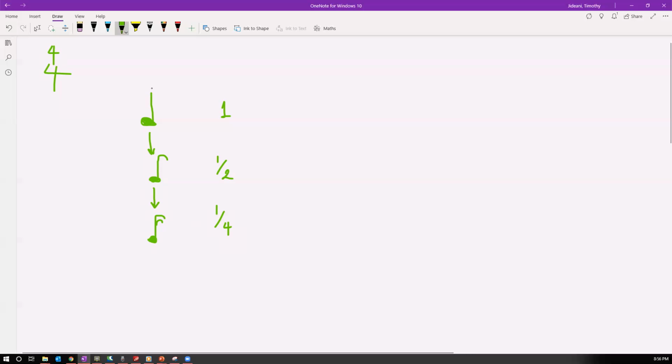If we're going up and we have a minim, that would be 2 beats. Running out of space here, but if we go up again and we have a semi-breve, we would have 4 beats.